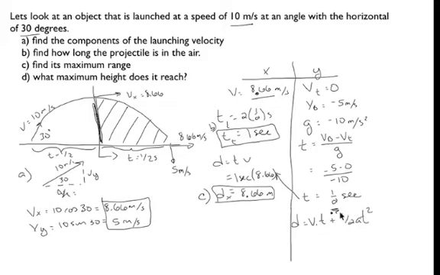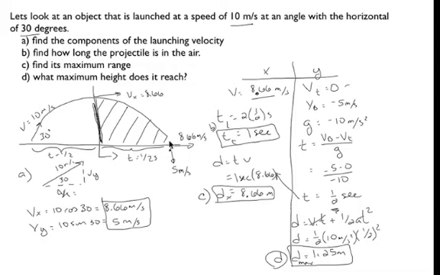Now we can use the full equation or recognize that at the very top of the path, this vi is 0, and find that maximum height then is 1/2 the acceleration of 10 meters per second squared times the time of 1/2 of a second, and we get an answer of 5 times 0.5 squared, which is 1.25 meters. So that would be its maximum height. And that would take care of all the parts of the question.